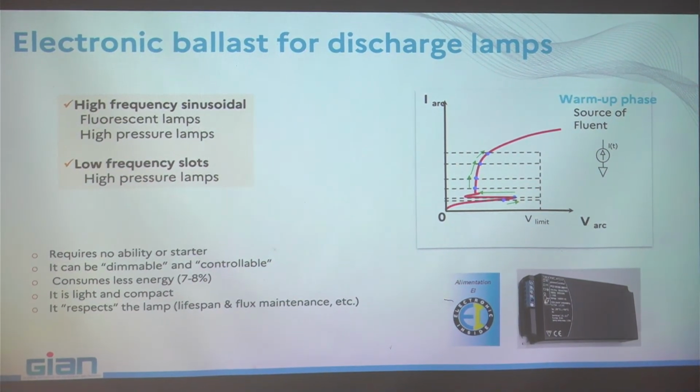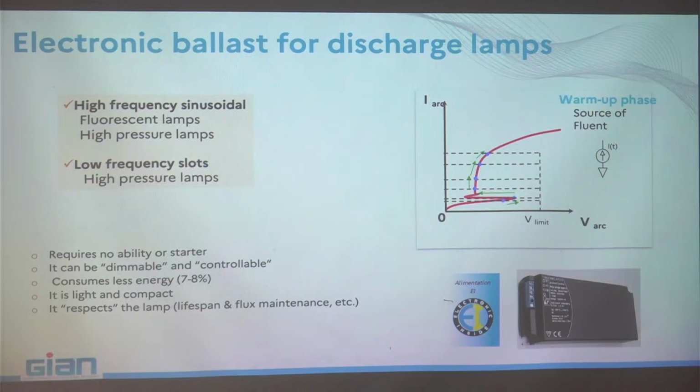Usually they are composed of a rectifier, a filter that can be active or passive, and then an H bridge, or in some cases a half bridge, in order to produce either a square wave or a high frequency sinusoidal wave behind. It is light and compact, and it respects the lamp because of the capacity to follow in a stable way at any moment the lamp behavior.